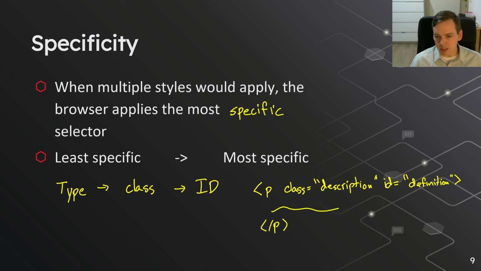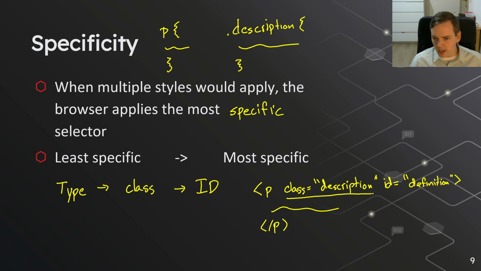If you define P and the class, so you've got the P style, and then you've got dot description, the description code will change the format of this.